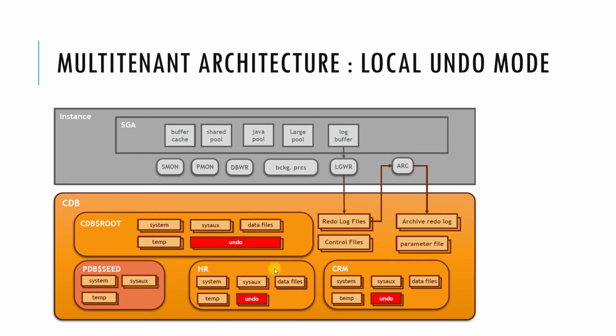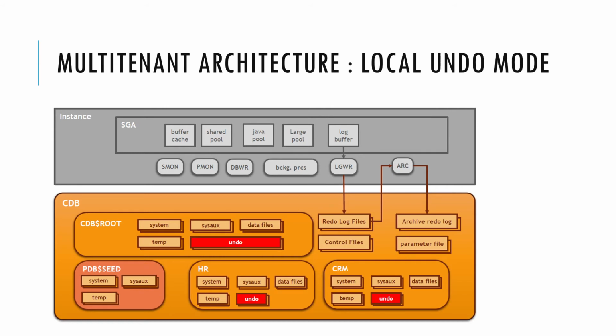Now in 12.2, local undo could be created, and this has created a good effect, or you can say this is kind of the best architecture to be used for recovery, that is point in time recovery as well as flashback.